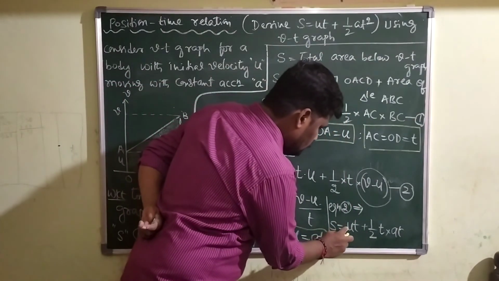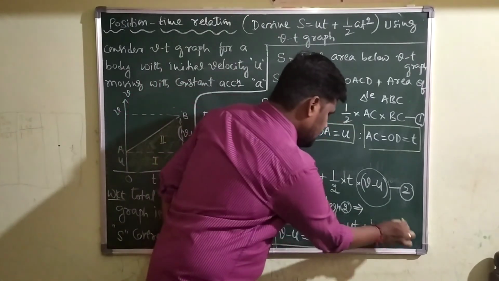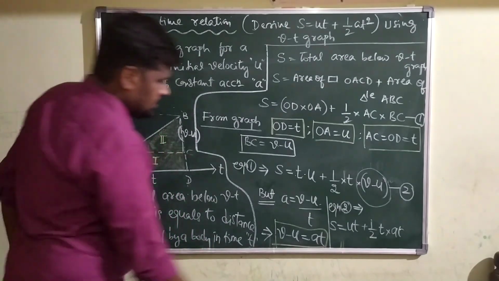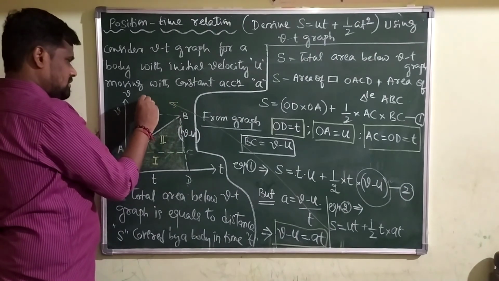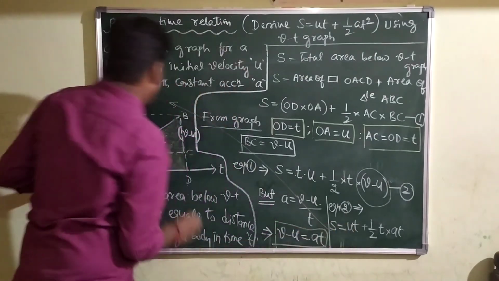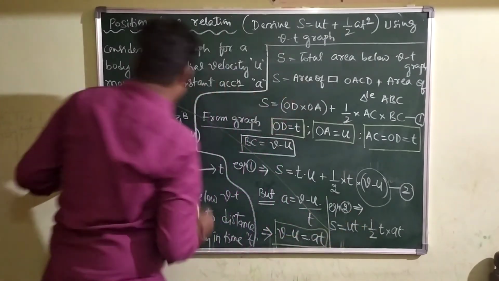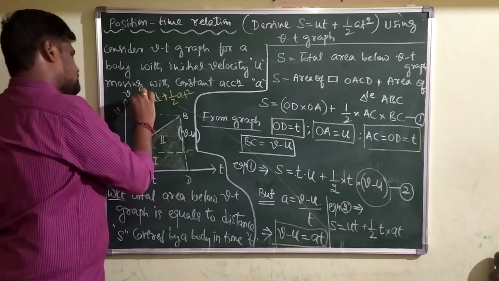S is equal to UT plus half, T into AT, T into T, T square. Therefore, S is equal to what? You can write the final step here: S is equal to UT plus half AT square.